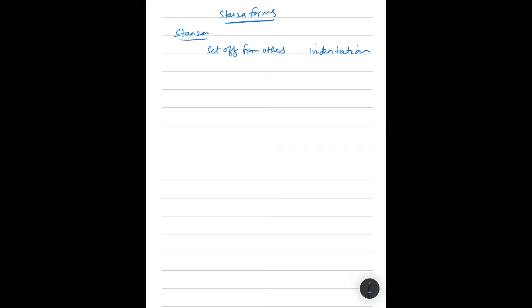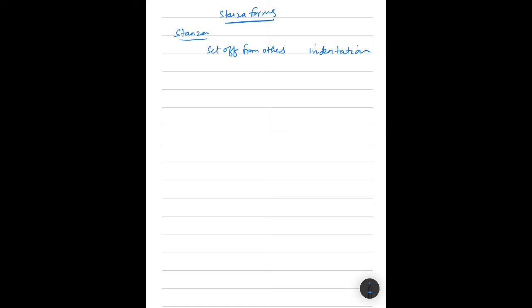It is a group of lines that form a unit in verse. You can understand it like this, that the stanza in a poem is similar to a paragraph in prose. In prose, we have a paragraph, and in a poem, we have a stanza.